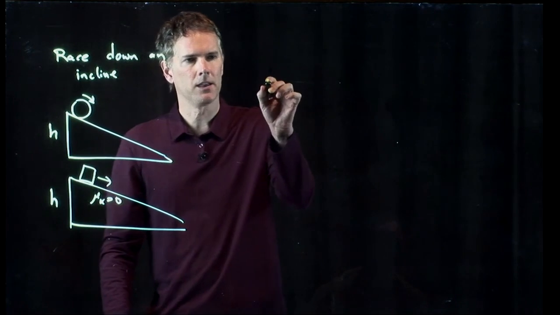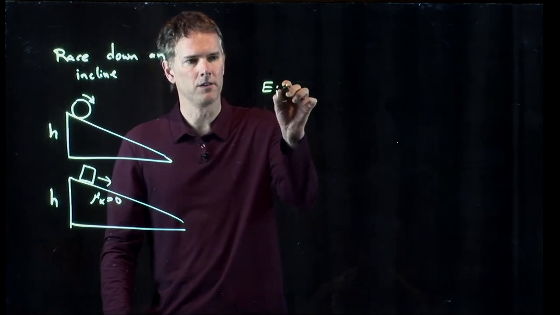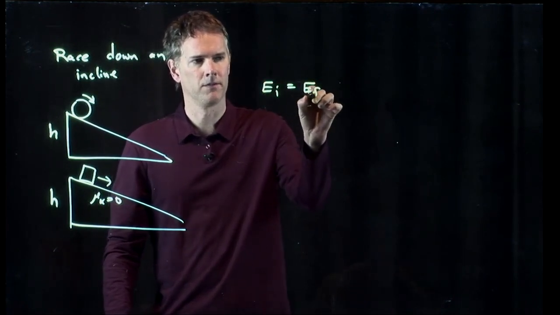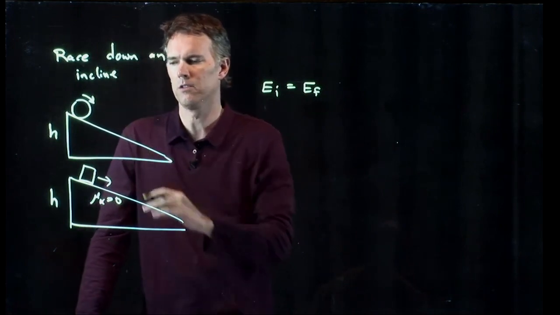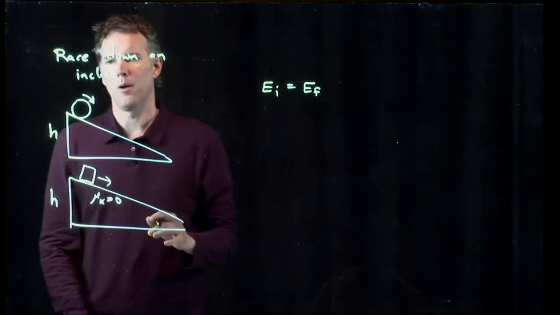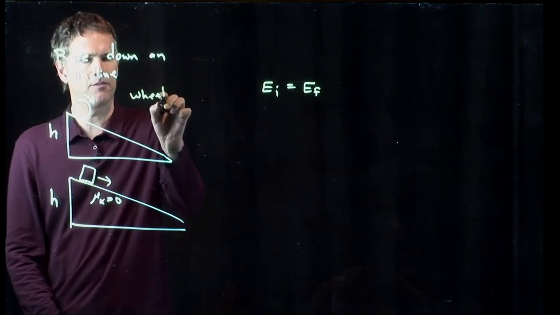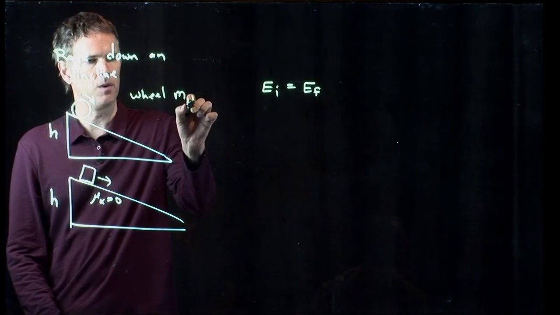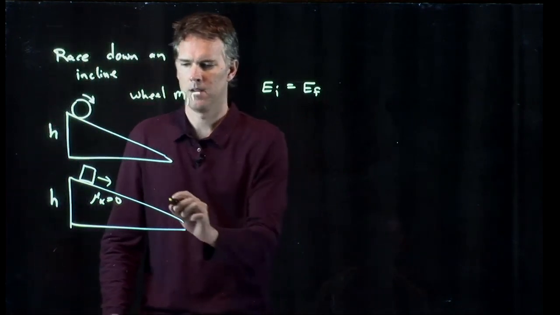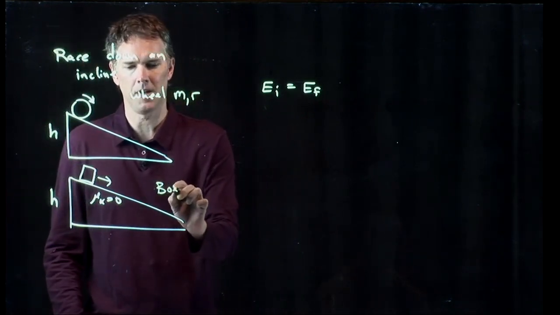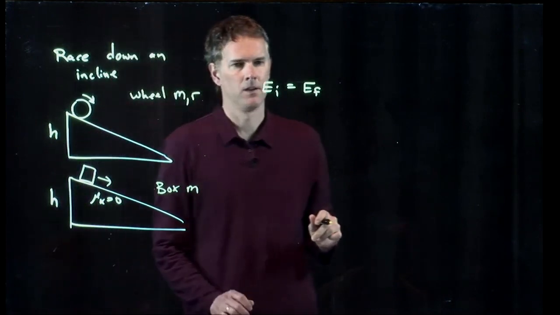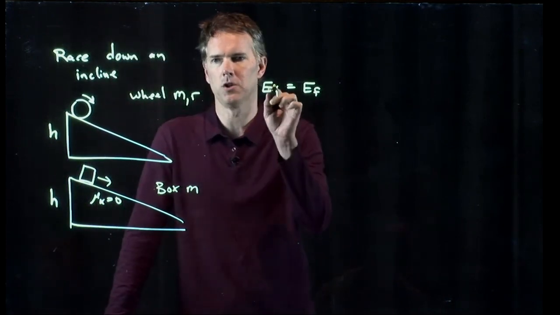And let's take a look at the idea of conservation of energy. When the wheel starts up there, and we're going to say that this thing has mass m, radius r, and the box has mass m. What can we say about the initial energy?